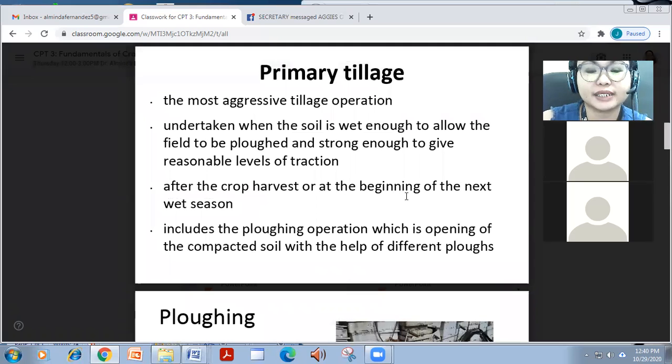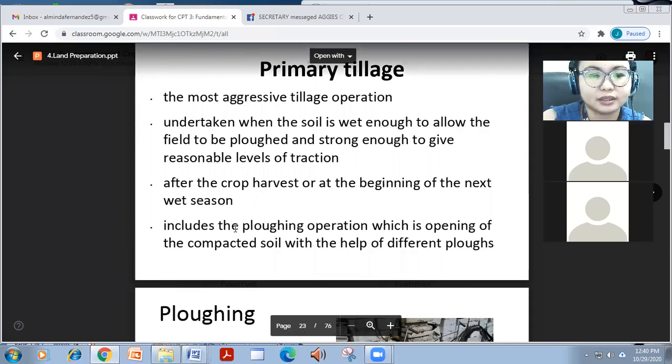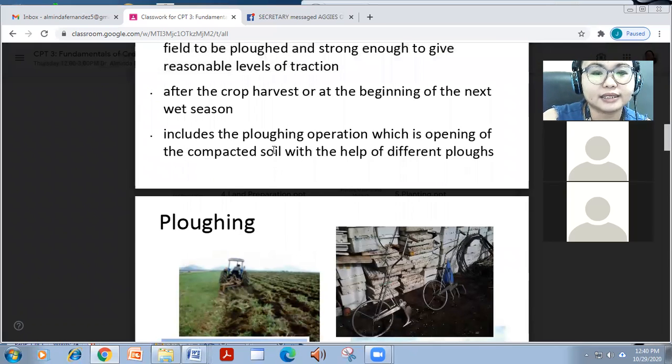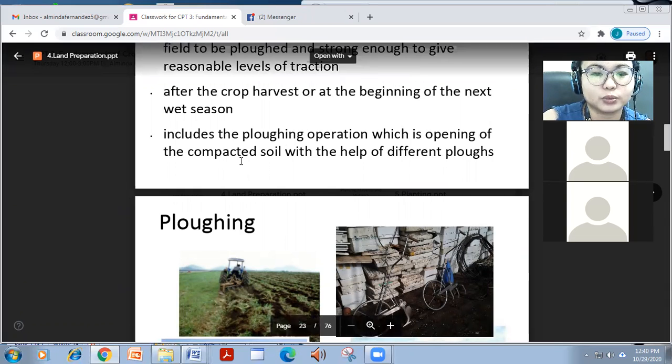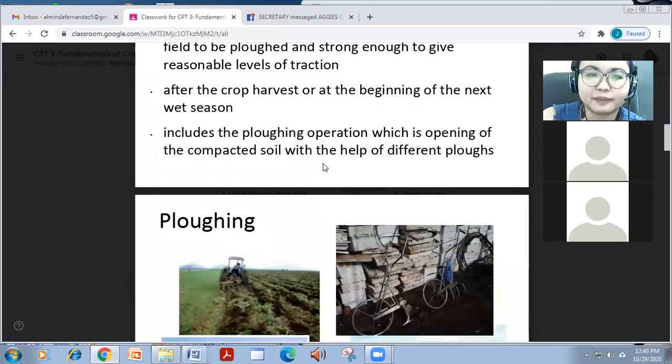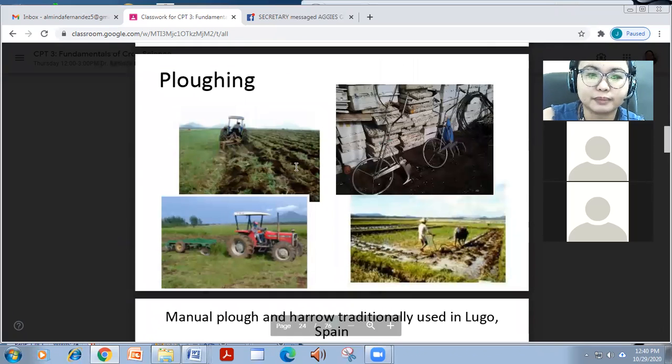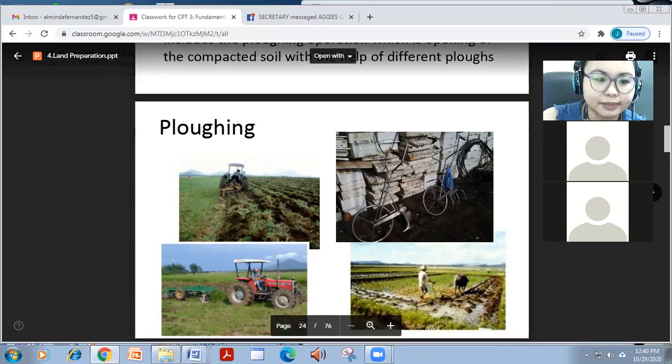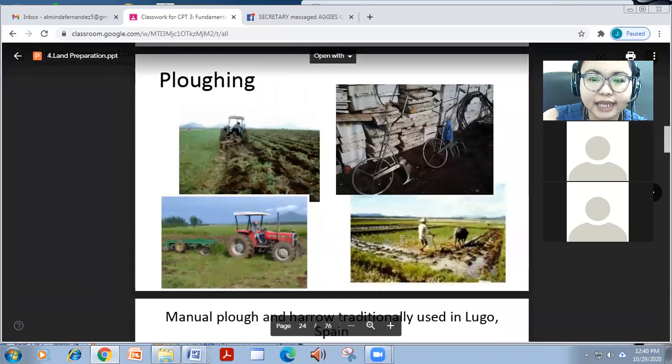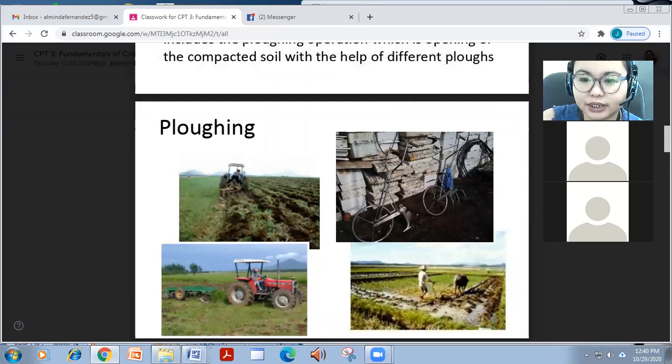This is after crop harvest or even at the beginning of the next wet season during planting. And this includes the plowing operation, which opens compacted soil with the help of different plows. So these are the different mechanical, manual, or animal plowing. This is mechanical, these two. While this is animal, and the last one, can you identify this one?